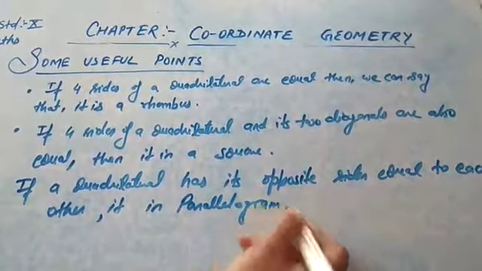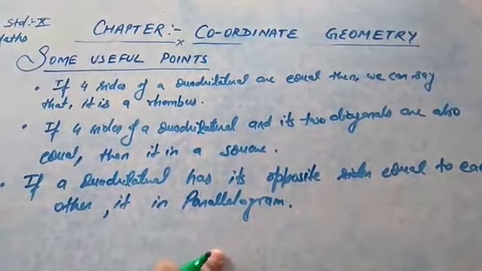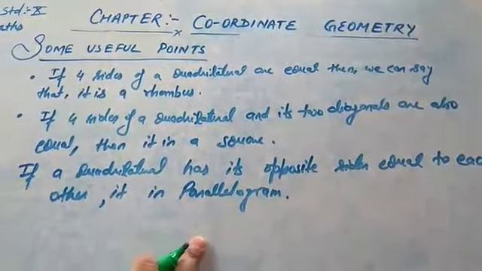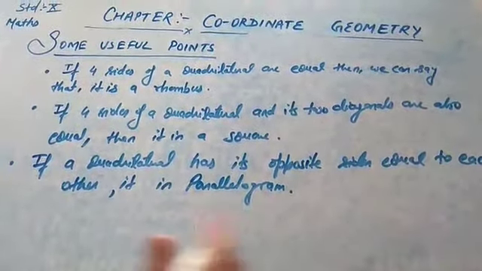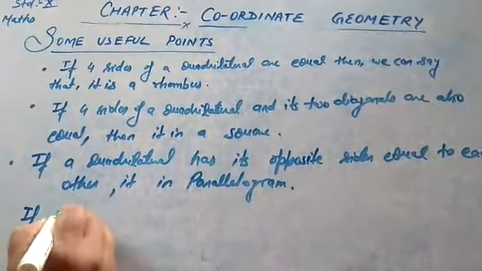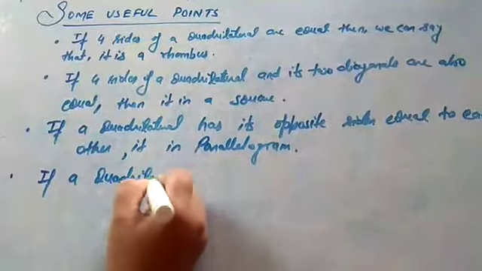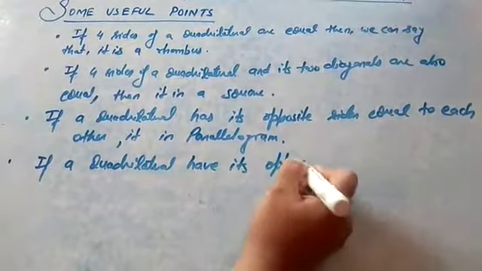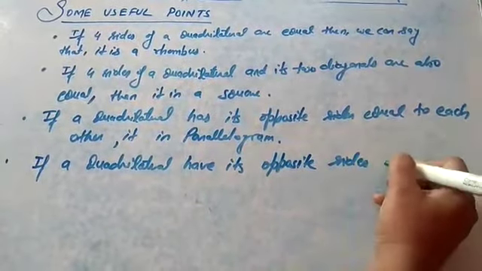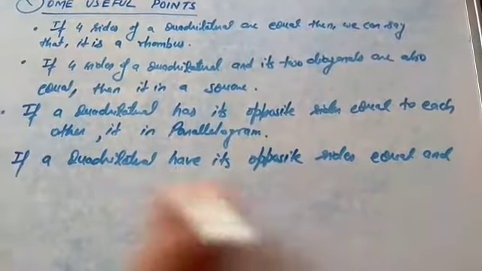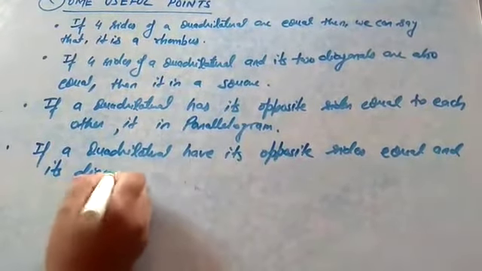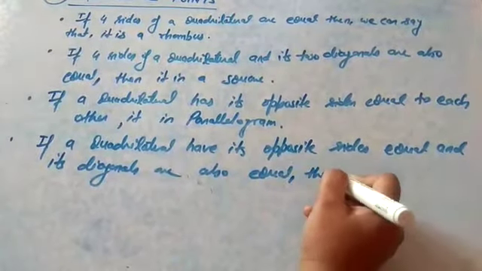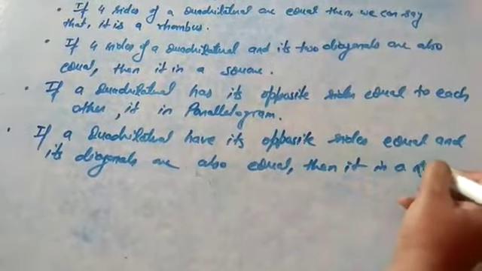And if we need to prove that the quadrilateral is a rectangle, in that case its opposite sides as well as its diagonals have to be equal, then only it is a rectangle. So if a quadrilateral has its opposite sides equal and its diagonals are also equal, then it is a rectangle.